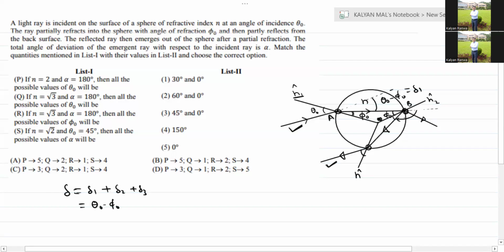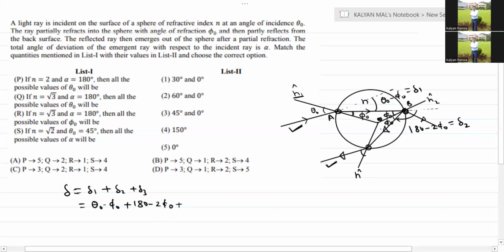If this angle is phi naught, then the reflection angle is also phi naught according to the law of reflection. So the deviation del 2 comes out to be 180 minus 2 phi naught. You already know that during reflection the deviation of the ray is 180 minus 2i, where i is the incident angle. Here the incident angle is phi naught, so we write 180 minus 2 phi naught.